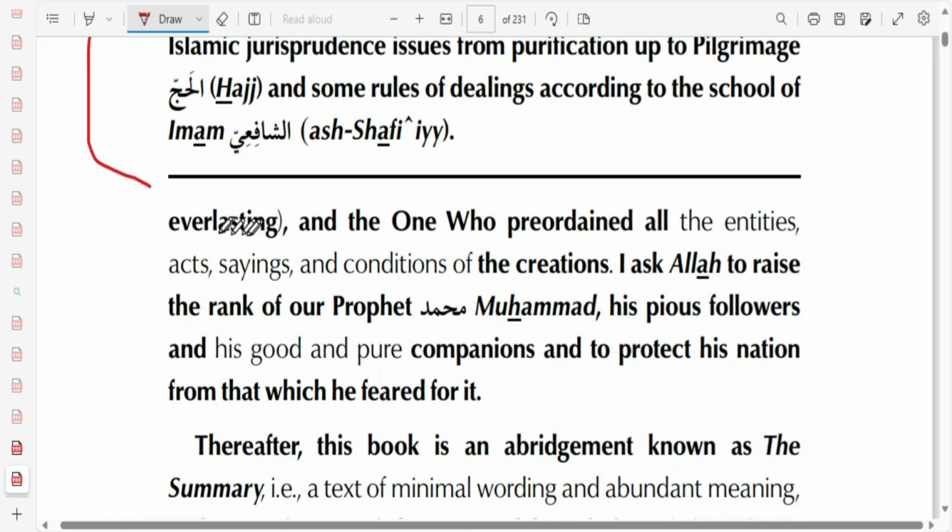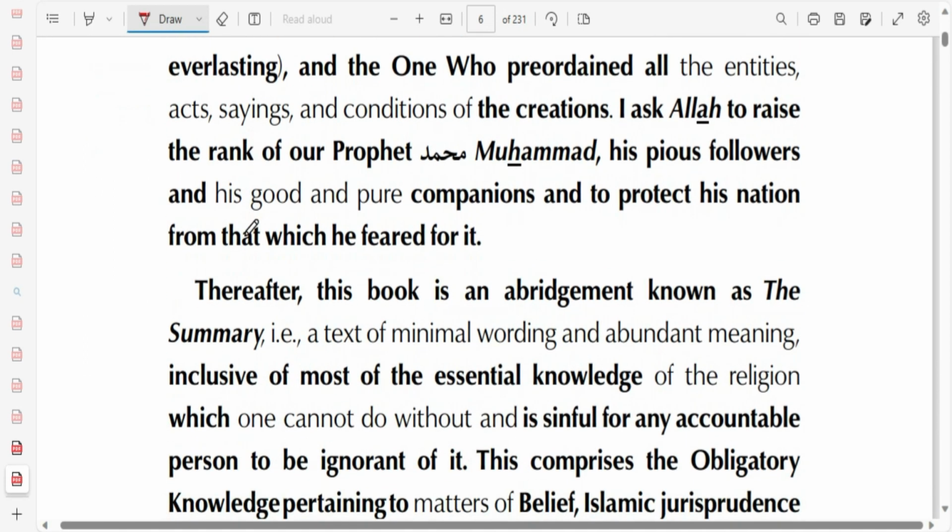The one who is everlasting. That's one explanation for Al-Qayyum. And Al-Qayyum has many tafsirs, numerous tafsirs. And the one who preordained all the entities, acts, sayings, and conditions.